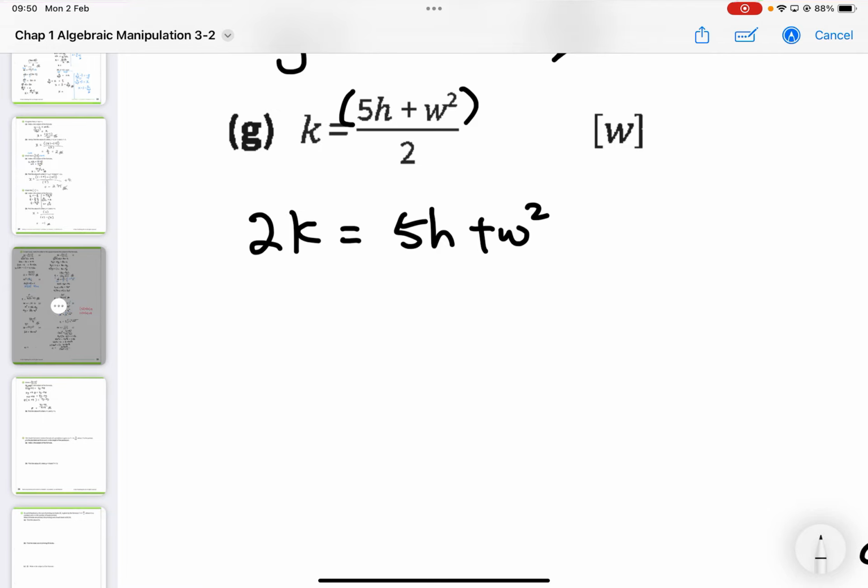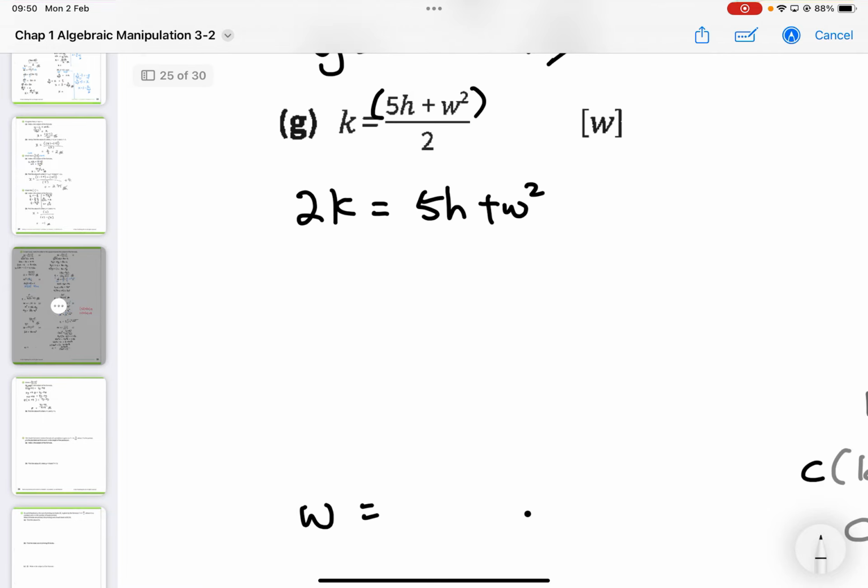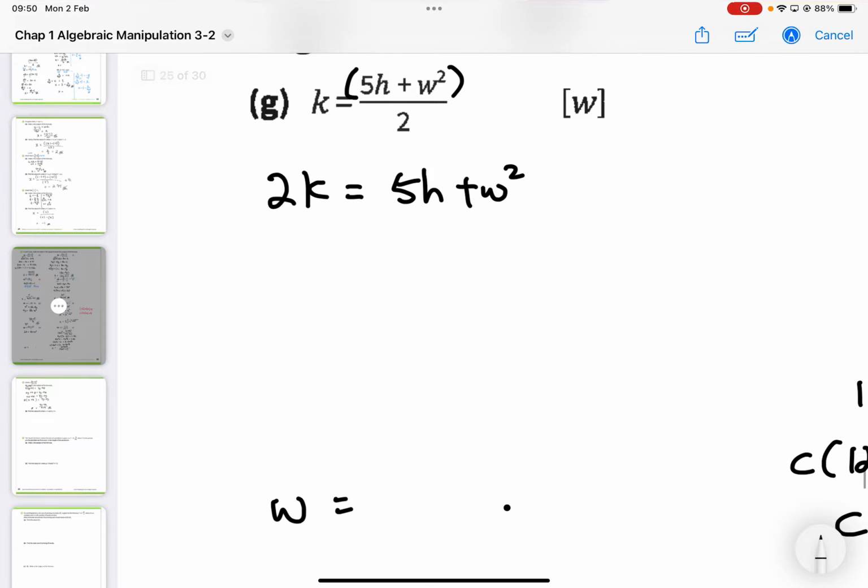Okay. My final form, W is positive. So I don't want to bring my W square to the left. I work with my W square on the right first. I bring my 5H over. Then my W square can remain positive.